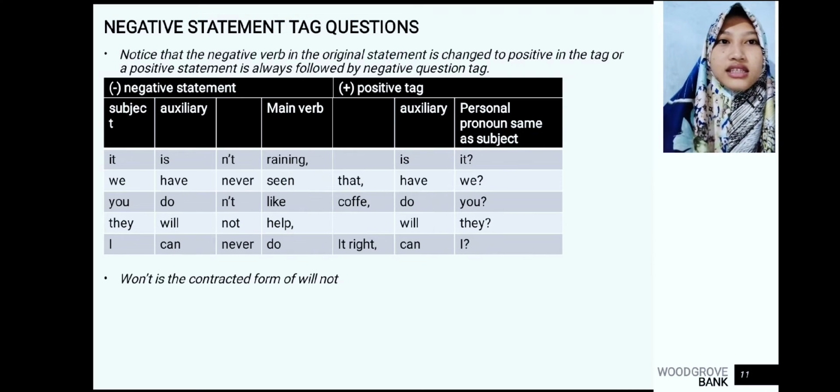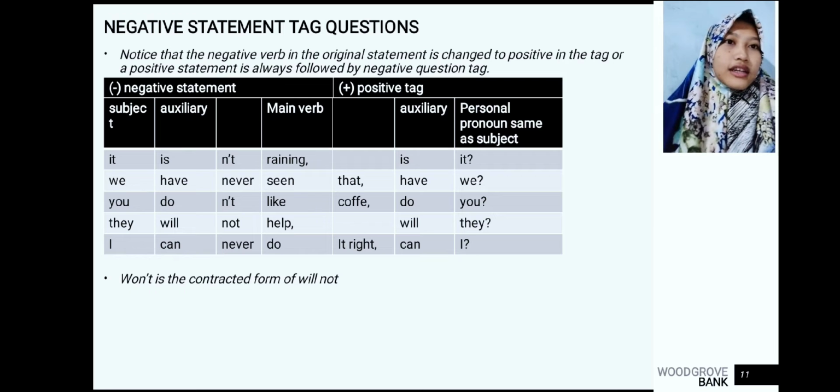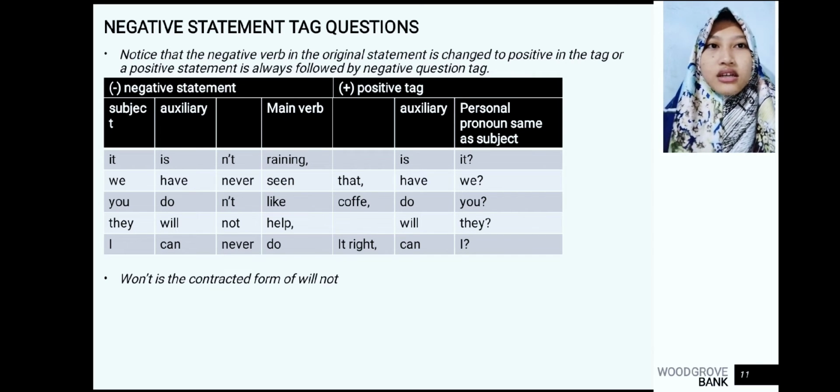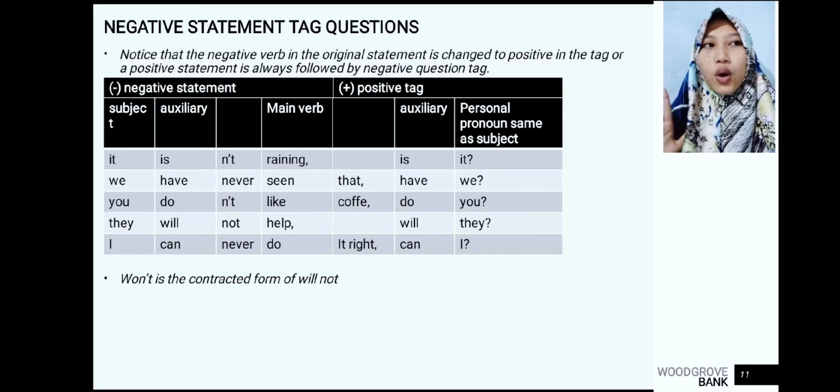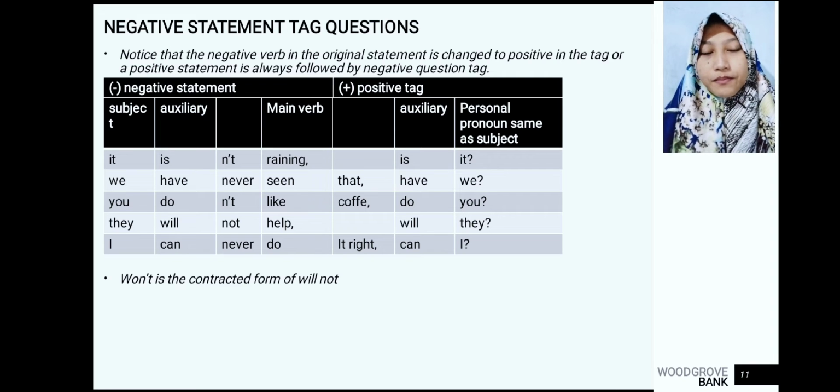Next is the positive question tag. Notice that the negative verb in the original statement is changed to positive in the tag, so a negative statement is always followed by a positive question tag.